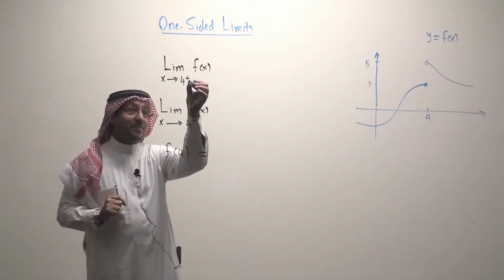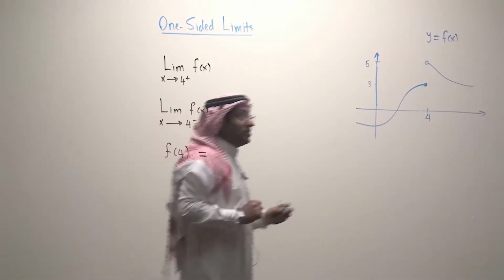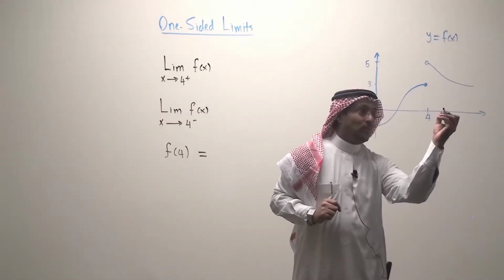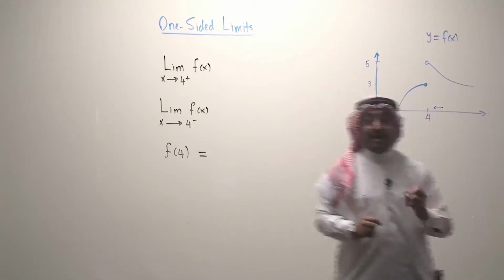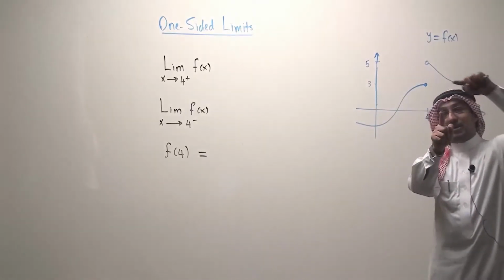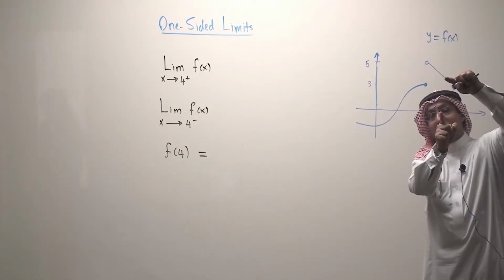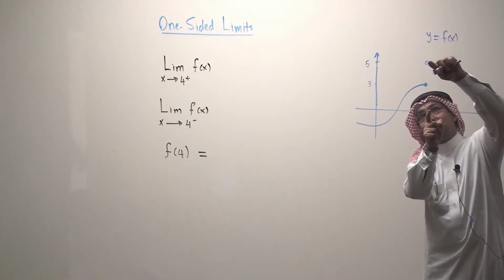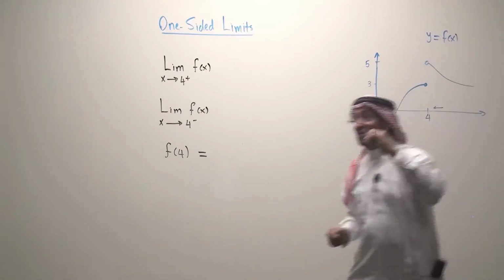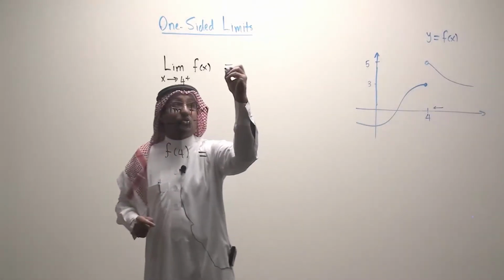Look, this is the plus, means the right side. So this is 4. So I'm going to approach 4 from the right side. So as I put my finger here, one for x and one for y, if I go and approach 4 from the right side, you see the curve, I'm just tracing the curve and it's getting to what? To 5. So this limit, in fact, is equal to 5.